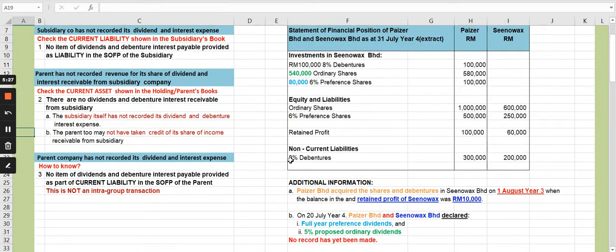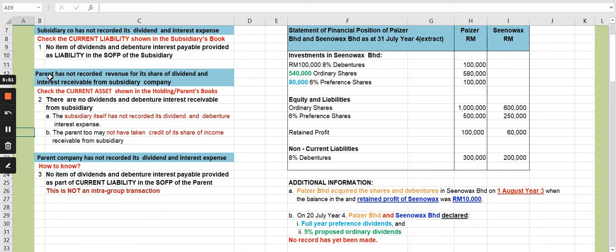But if this is a full version question or the complete exam question, you may have current liabilities. When you check the current liabilities shown in the subsidiary's books, no item relating to dividends and debenture interest payable is found as part of the liability in the CSOFP. So no declaration has been made.